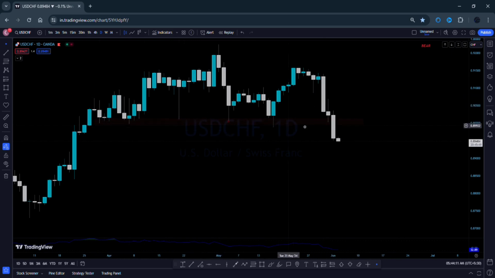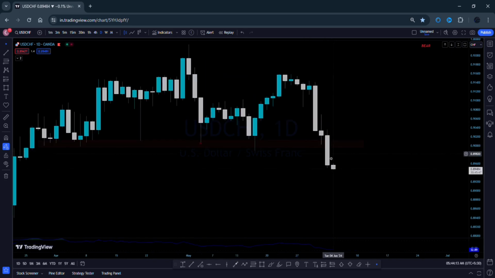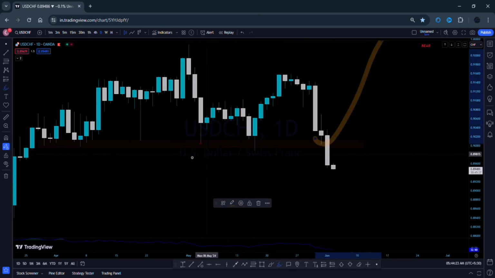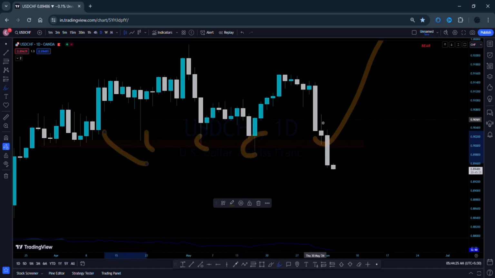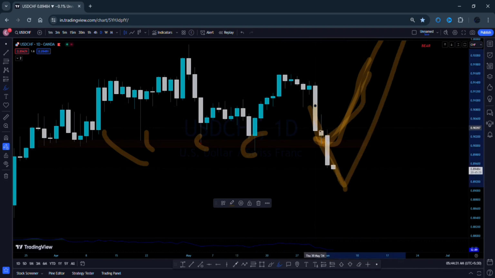It tested so many times. When a level is tested so many times, it becomes weak. If not weak, then it has no plan to go up. It will come down, even though it has to go up, it will do like that. It doesn't go like this. Alright, that was the whole idea.